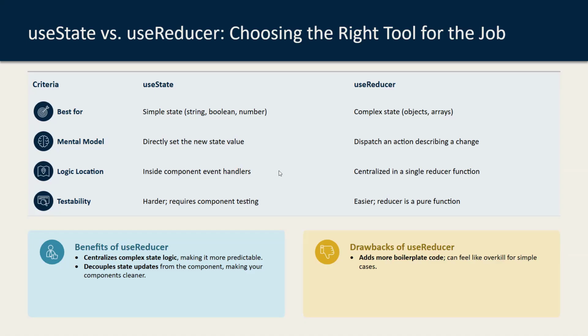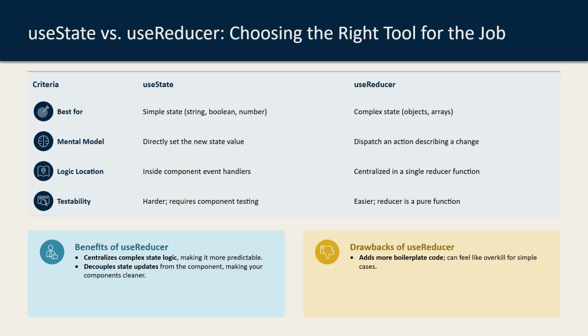And then the mental model is different as well. With useState, you simply set the new state value itself. But with useReducer, you dispatch an action describing what happened, and the reducer computes the next state based on the action and the payload that has been sent. The location of the logic also changes.